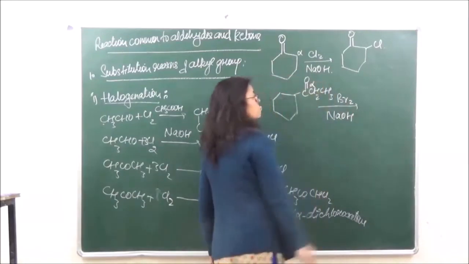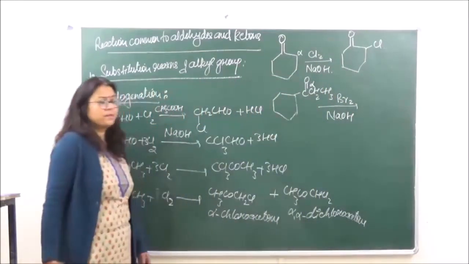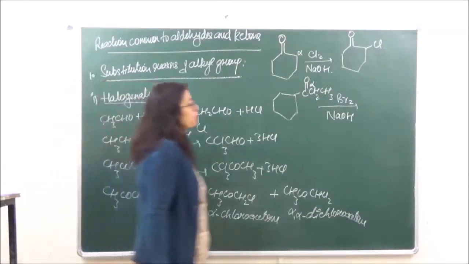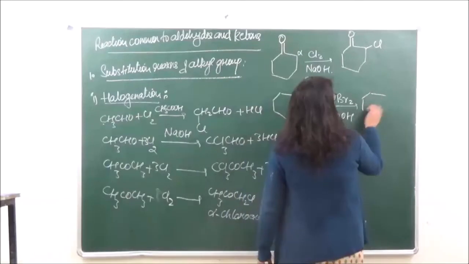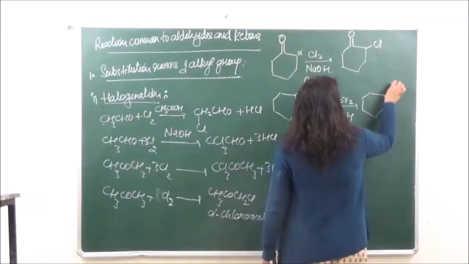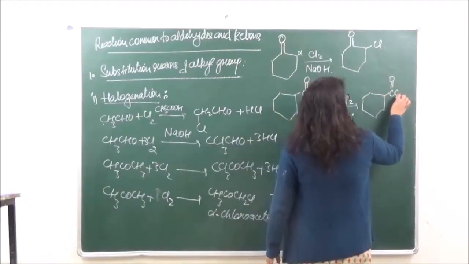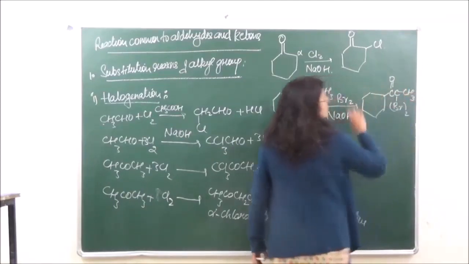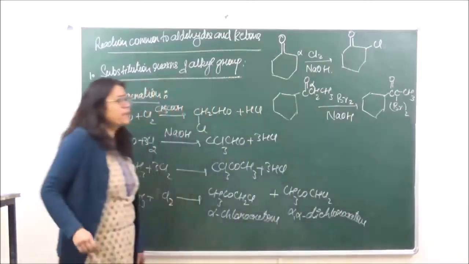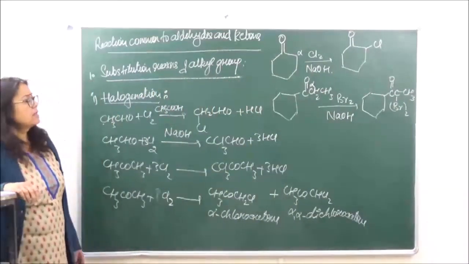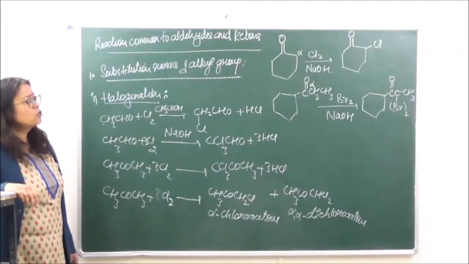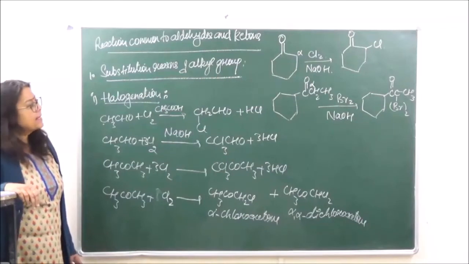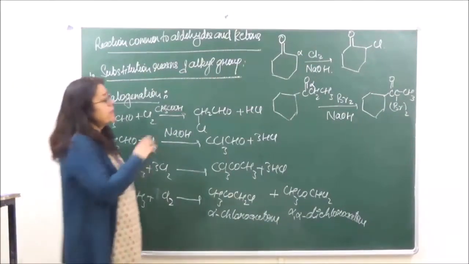Again, remember, this is going to be the alpha carbon atom over here. So the alpha carbon atom is going to be substituted. The product which we will get is, what is going to be the IUPAC name? 1-cyclohexyl 2,2-dibromopropanone. Right?